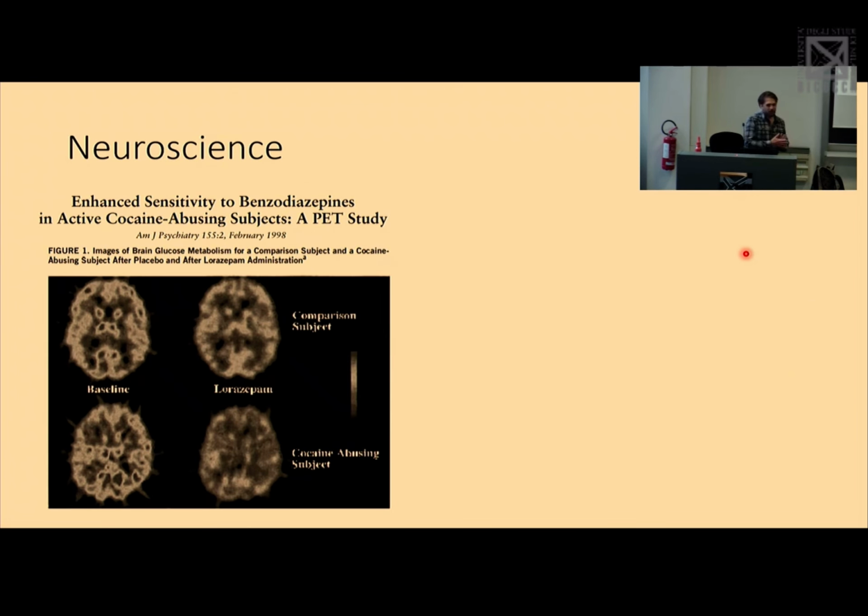But you can do much more than studying just blood flow or activation. Well, with metabolism, you can still do many things. So here, like you can see from the image quality, this is a study again from almost 3 decades ago. Wow.